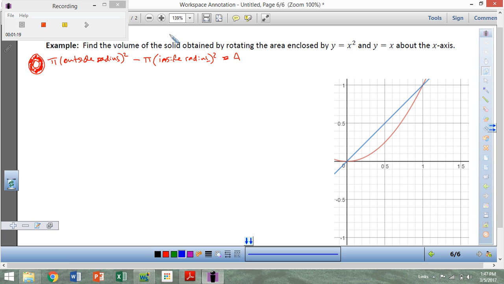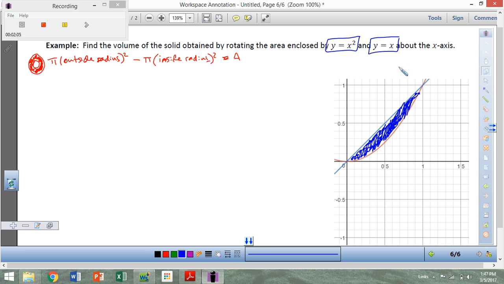So I have the area enclosed by x squared and x, which would be this region right here. By the way, if you were not given the graph and didn't have a graphing calculator, you would need to figure out where the two graphs meet.